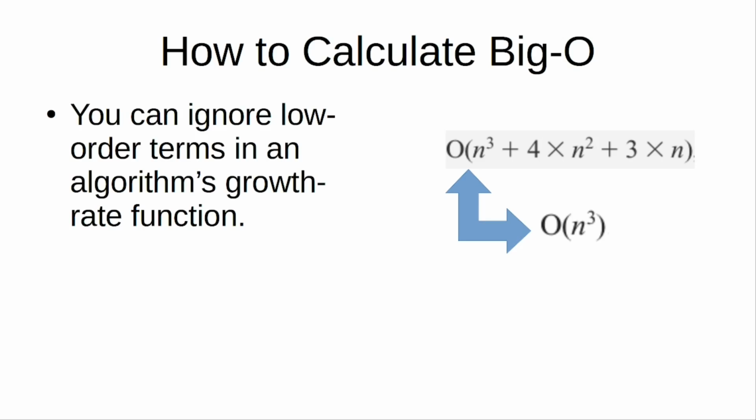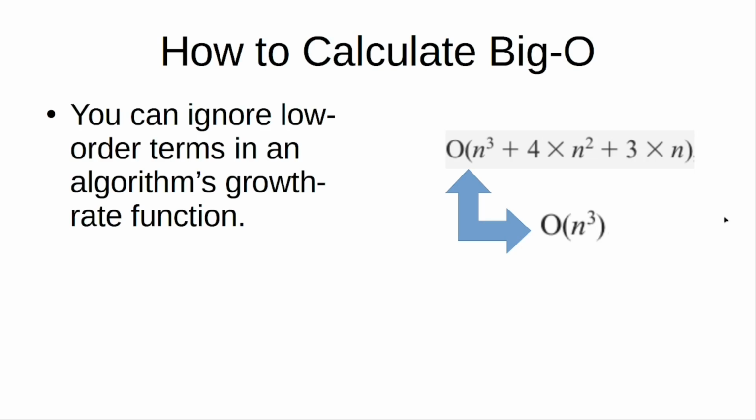So the first rule: you can ignore low order terms in an algorithm's growth rate function. We ignore low order terms in big O notation because big O is all about understanding how an algorithm behaves as the input size becomes very large and approaches infinity. When that happens, high order terms dominate the growth. So smaller terms, like this plus 4, this plus 3, this times n, have minimal impact on the performance when n is very large.